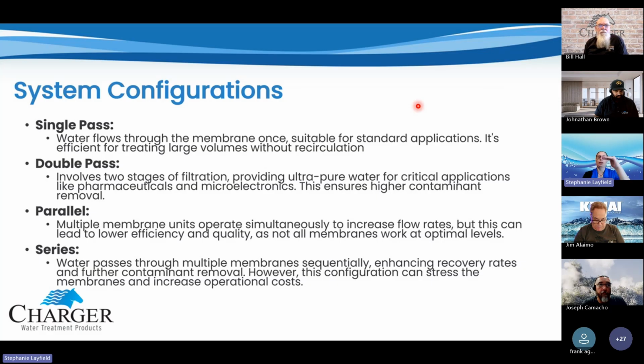Parallel is where we're going to have a couple of our membranes stacked and water comes in to all of them, comes out through the permeate, and it all goes to the storage tank. It's not going to go from one into the other. Versus a series is where you're going to take the permeate from one and put it back in as the feed to the next.